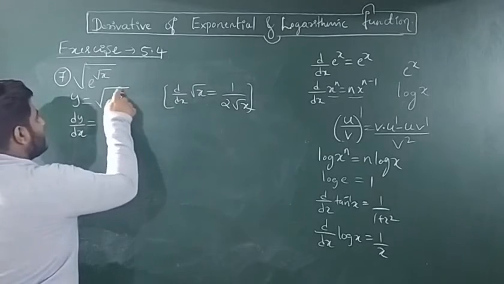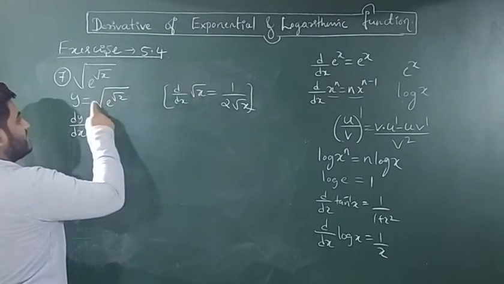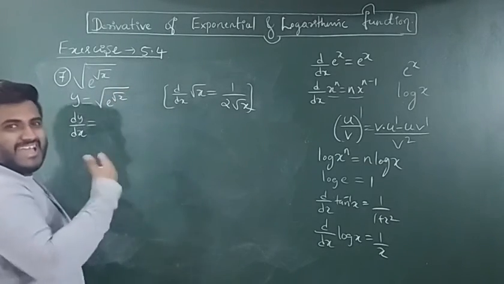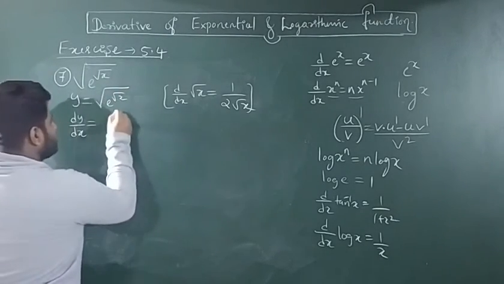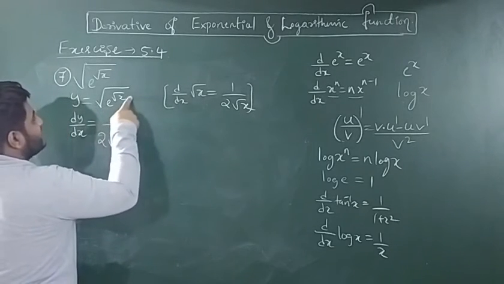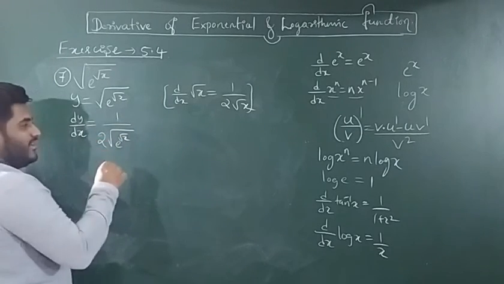So what is x here? In place of x we are having e raised to root x. This is root x. Whatever the function inside the square root, we treat as x. So differentiation of this one is 1 divided by 2 root of e raised to root x.